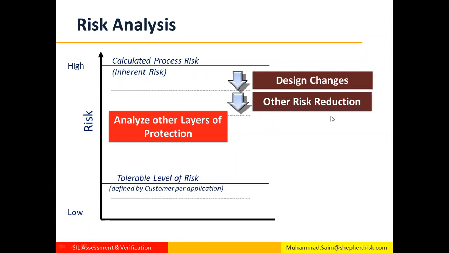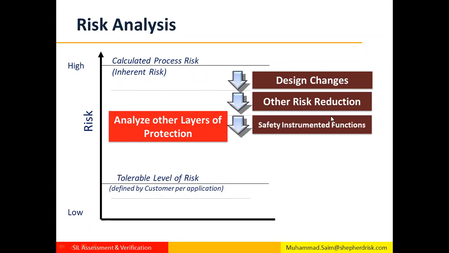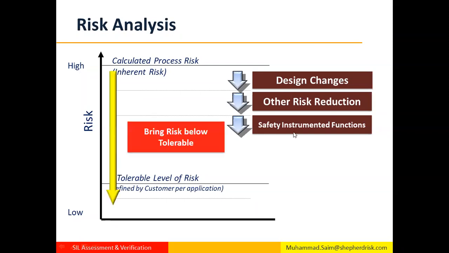Other risk reduction measures, maybe reducing the manning level, reducing the exposure, and by providing safety instrumented functions. So all of these layers of protection reduce the risk to a certain level. And finally, we target to come below the tolerable risk level.